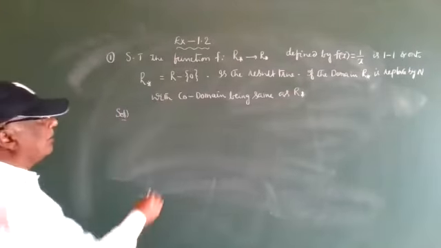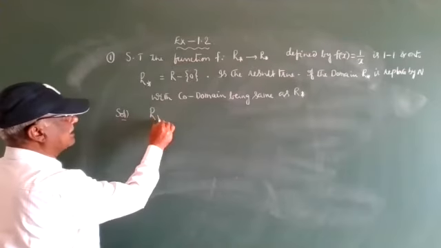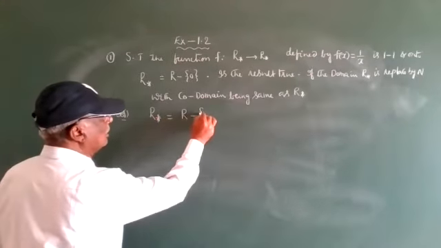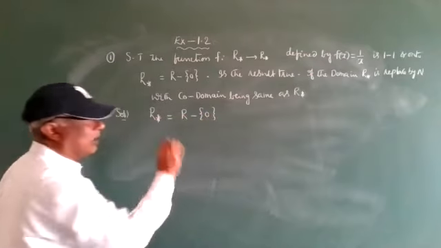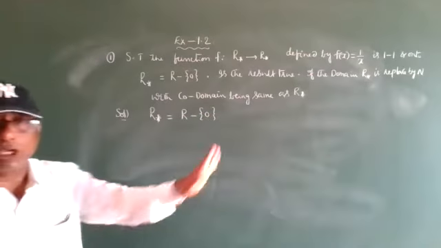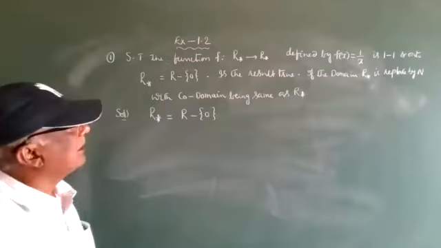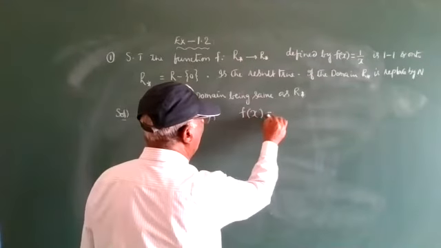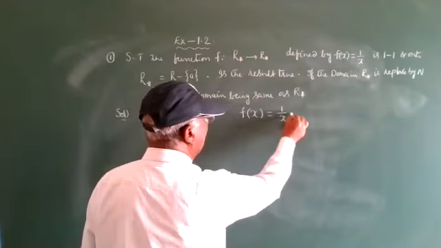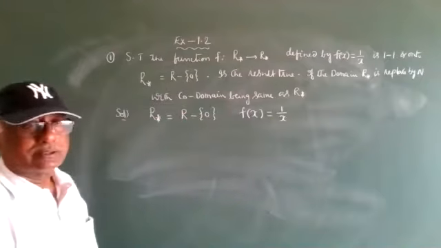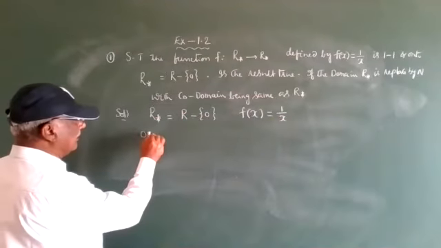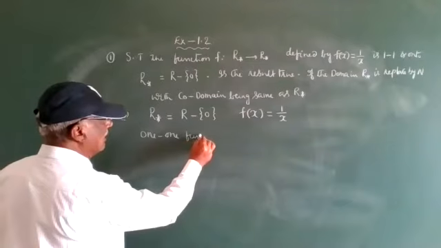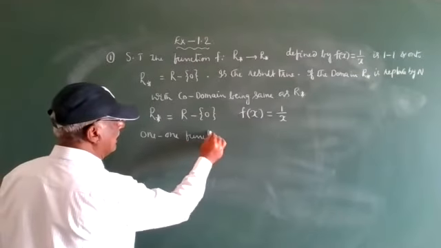So first write down R star, the set: real numbers without zero, non-zero real numbers, no zero. The first point is completed. f of x is defined by 1 by x. First, one-one function. We have to show that it is one-one.